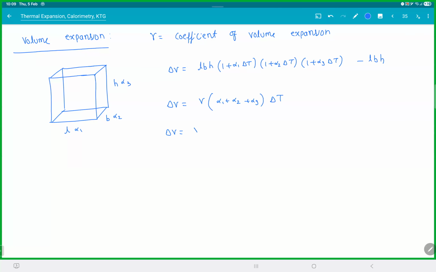So we can get delta V is equal to V gamma delta T. So gamma is 1 by V dV by dT. That's an important result. And gamma is alpha 1 plus alpha 2 plus alpha 3. If alpha 1 is equal to alpha 2 is equal to alpha 3, then gamma is equal to 3 alpha.